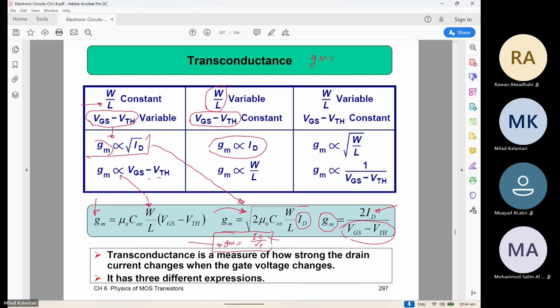Basically what we are seeing here is, if you increase W per L and the VGS minus V threshold is constant, then the GM will be proportionally increased, right? So we can define different configs at different situations and figure out which parameter we need to change to adjust the GM value that we need to achieve.